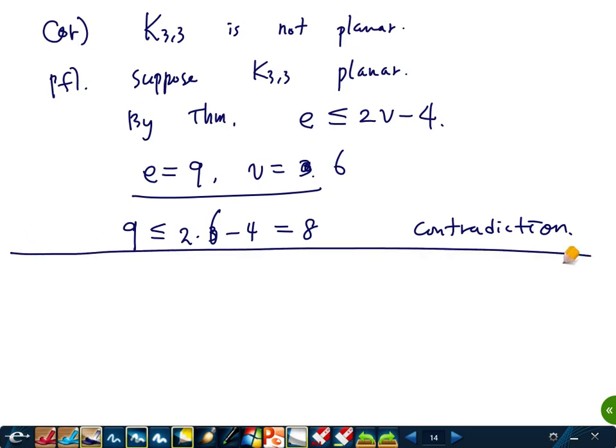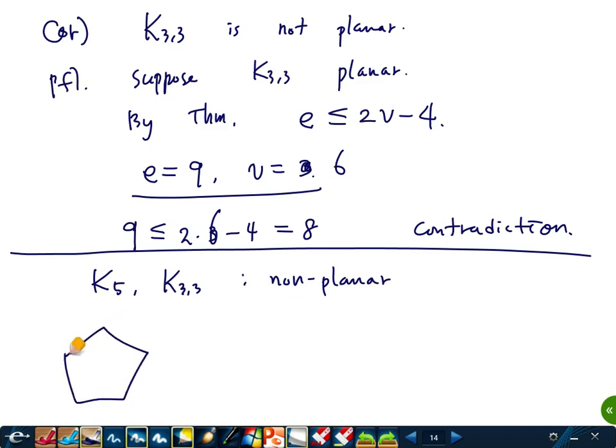So we showed that K5 and K3,3 are non-planar graphs. Can you imagine more non-planar graphs other than these? Of course, there are infinitely many non-planar graphs. This is K5, right?